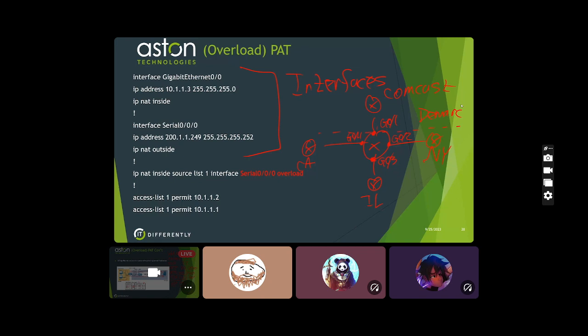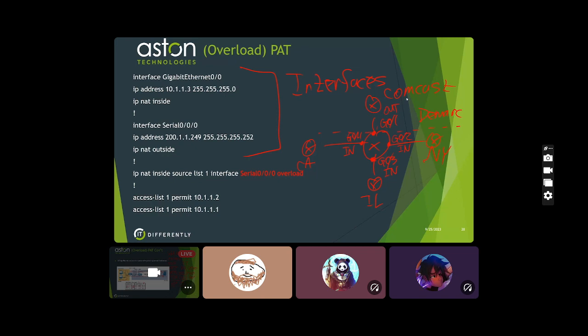Inside our own network, the things that we have control over, we specify those as being inside ports. If it is leading outside of our network, like G01, because that's going to Comcast, that is our outside port, or ports, if you have more than one.